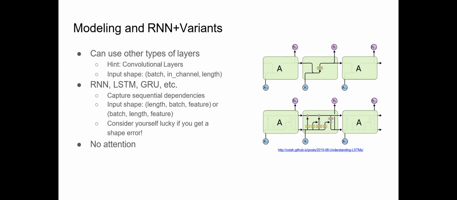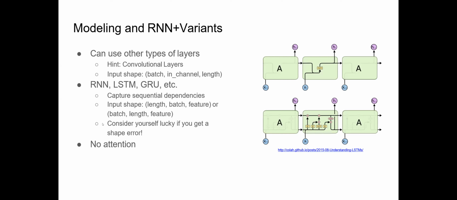RNNs, again, we know are the best bet for that, and you can use LSTMs or GRUs or even RNNs. We have RNN cells and RNN, LSTM, GRU, everything in PyTorch. You guys feel free to use any of them.